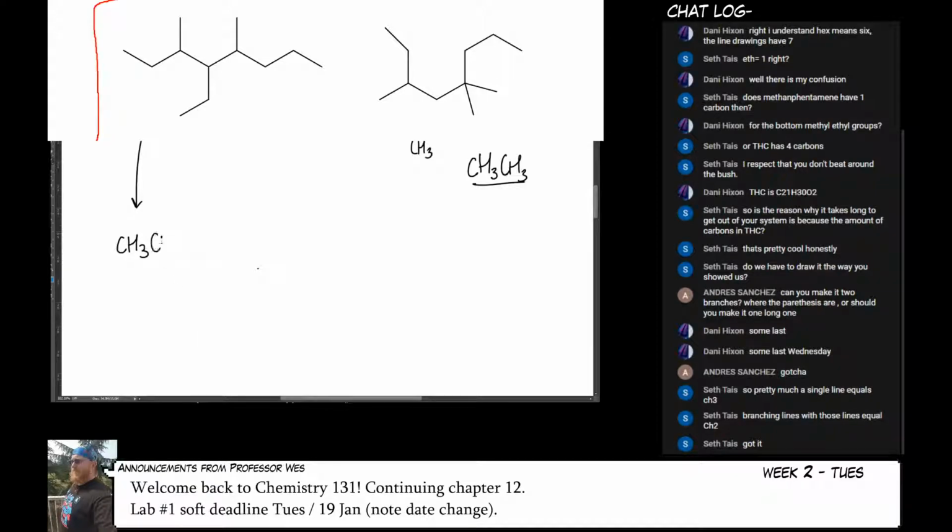Then I have a CH2 next to that. Then I have a junction. I have a C, and I have 3 things connected to it. So one of them must be an H, and then the other one must be the CH3. Actually, you know what? Hold on.